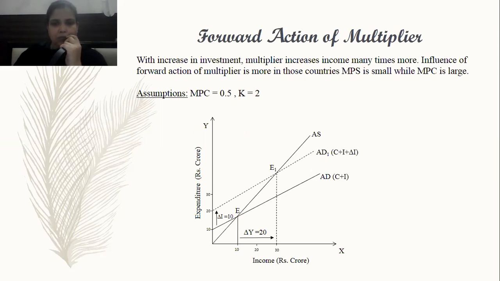It will never start from origin because consumption can't be equal to 0. It means even if the income of any person is 0, even the unemployed person is taking something, the consumption can't be 0. So aggregate demand will always start from above the point of origin.